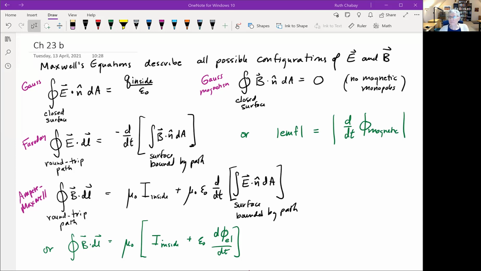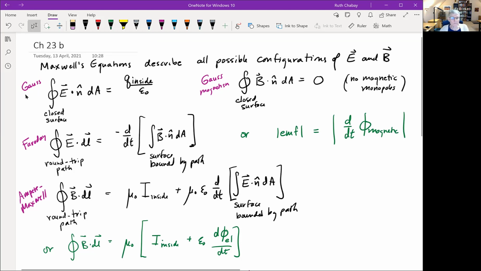What we did last time was we completed our discussion of what are called Maxwell's equations, which describe all possible configurations of electric and magnetic fields in space. And some of these are more familiar than others.